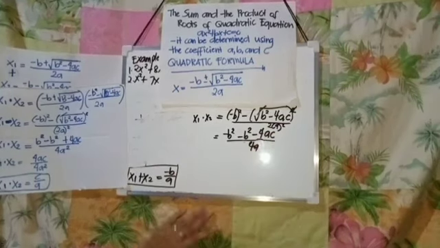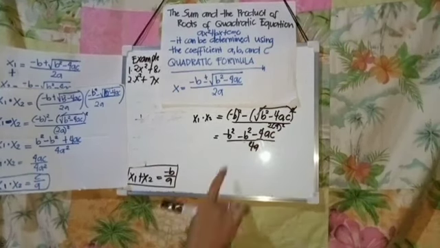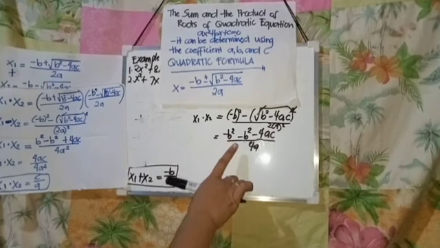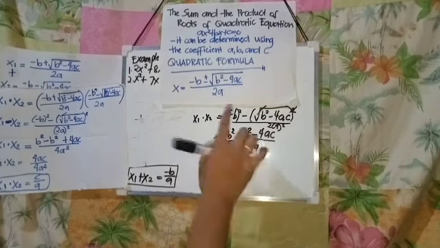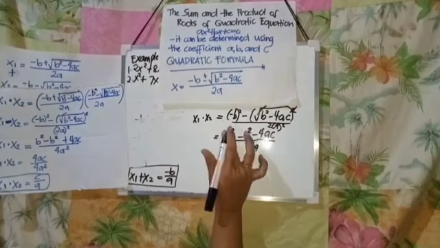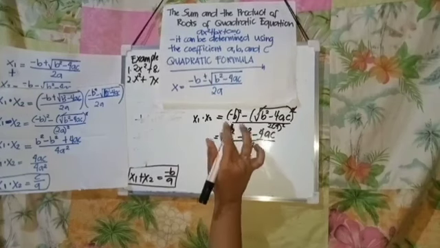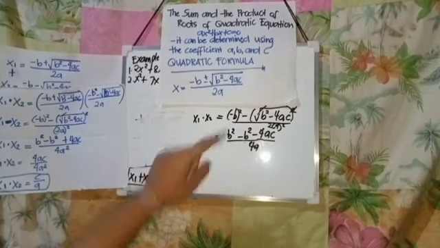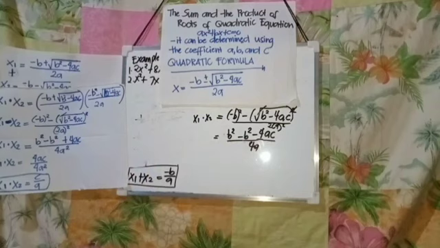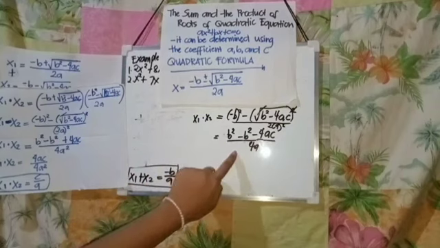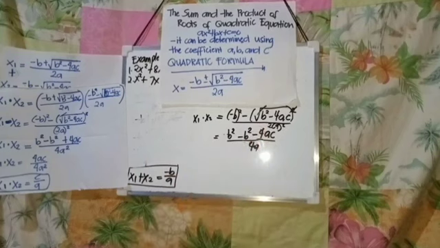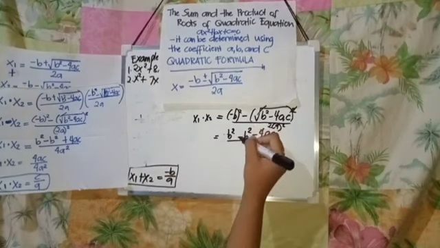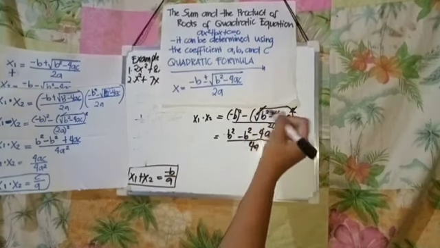As you have noticed, negative times negative b is positive b, because negative b squared is positive b squared. And here, copy the sign and cancel the radical sign.